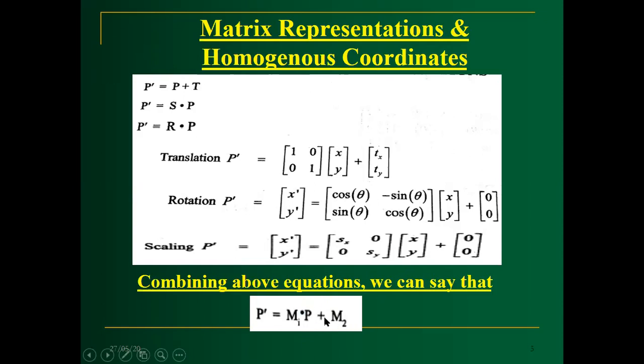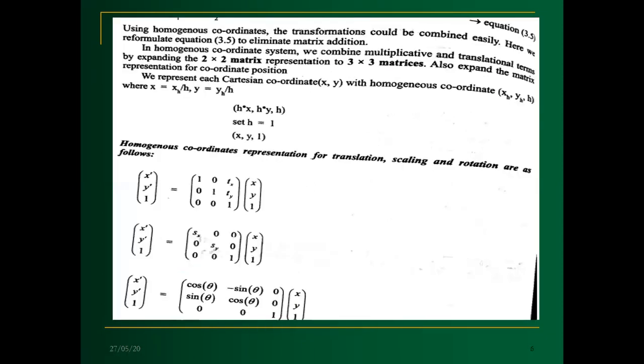Is there any way to eliminate additions? Well, the answer is yes. It is the homogeneous form. So you can see here the 2 cross 2 becomes 3 cross 3. Each Cartesian coordinate with homogeneous will now become xh, yh, h. Where x is equal to xh by h, therefore xh will become h times x, and yh will become h times y.